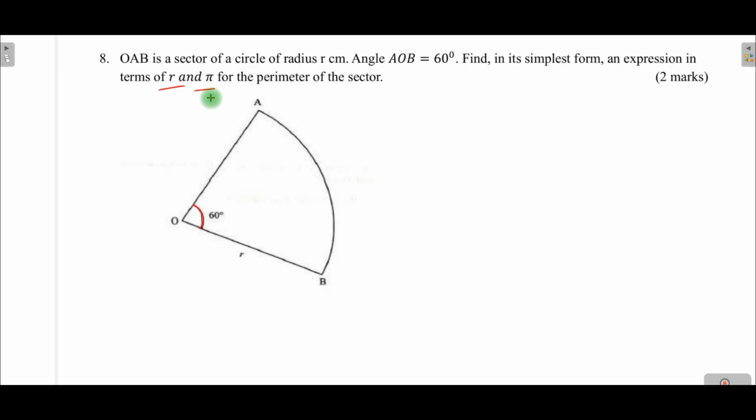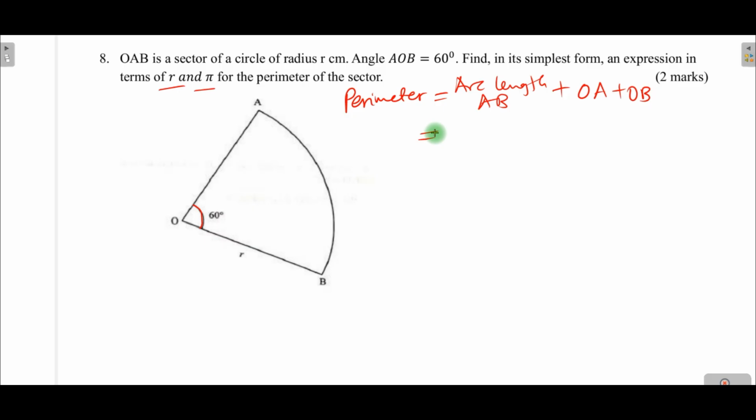And therefore, to get the perimeter of this sector, the perimeter is given by the arc length AB, plus the two radii, OA and OB. So that will be the total perimeter.